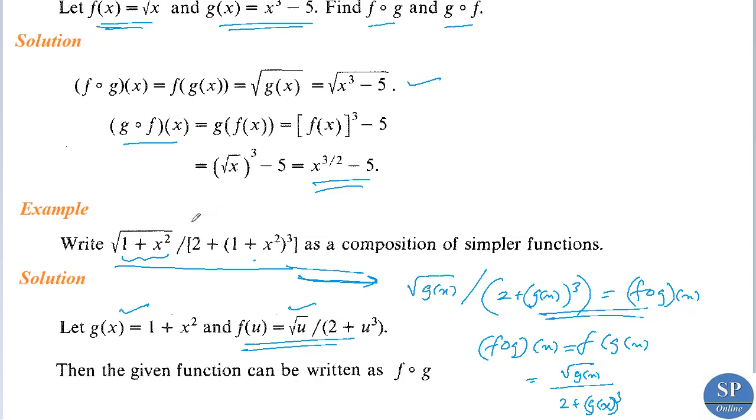So to convert this to a composition of two functions, we have to use the functions g of x equal to 1 plus x square and f of u equal to square root of u divided by 2 plus u cube. So this will be nothing but f of g of x.